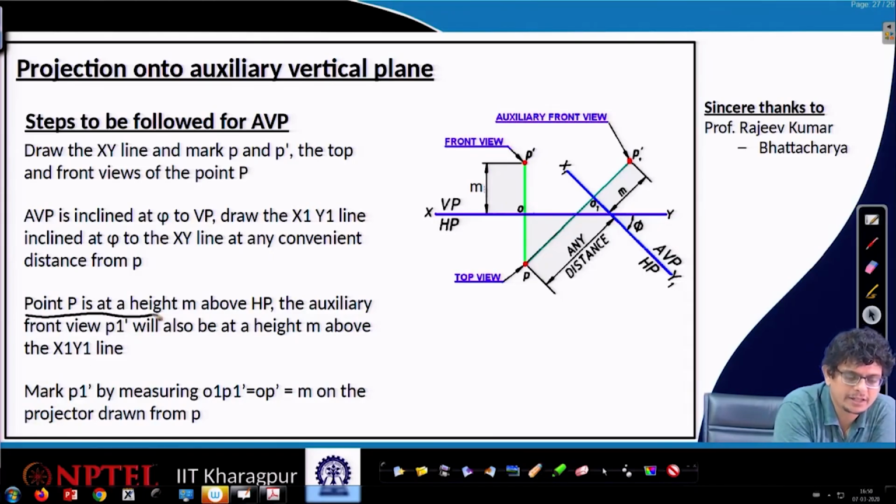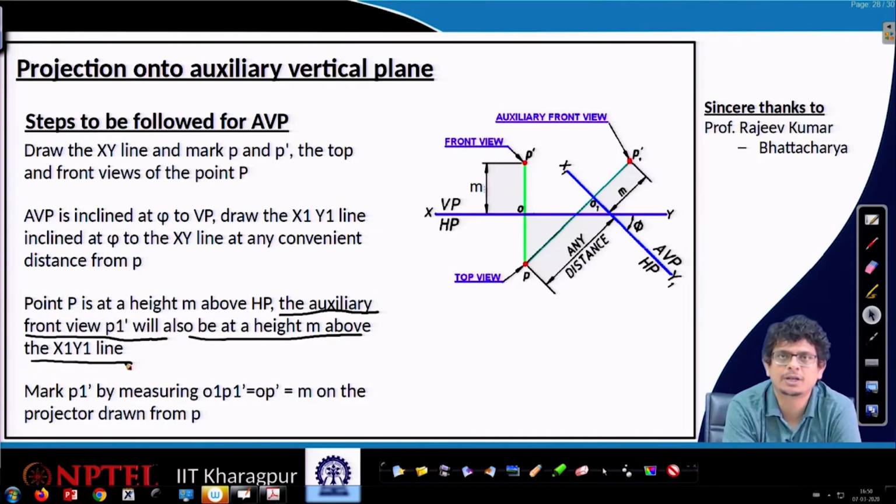Then point P is at a height m above. That means that height above we will see in the vertical plane. So, OP prime is m. The auxiliary front view P1 prime will also be at a height m above the x1 y1 line, because the point P we are projecting onto the auxiliary vertical plane.